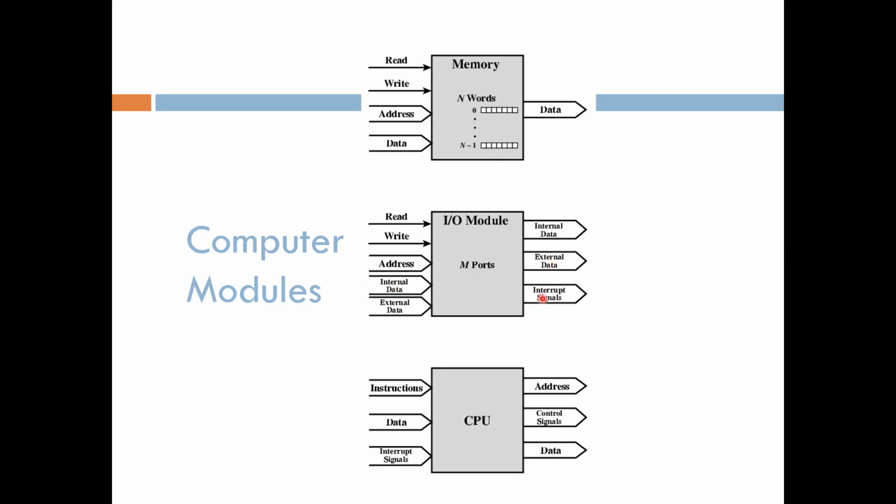This is where an input-output module may request the CPU for some time, and it will issue an interrupt. Depending on the priority of that, the CPU may have to cease whatever it's doing just to attend to whatever the input-output module requires.